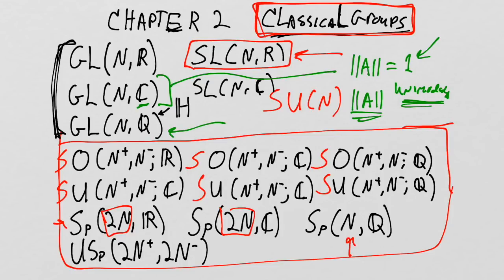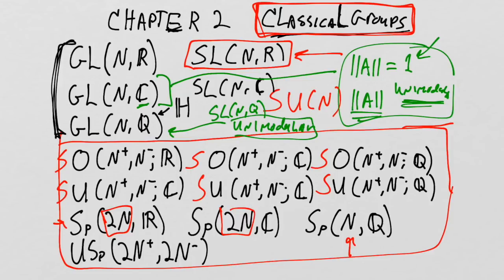But interestingly, for the quaternions, Gilmore points out that the non-commutativity of the quaternion field means that's not true. It's not like the quaternions have two cases. They actually only have one case, and that's unimodular. So the special linear group for the quaternions, which I guess would be SL(n, Q), is unimodular, which is different than having a determinant of strictly 1.